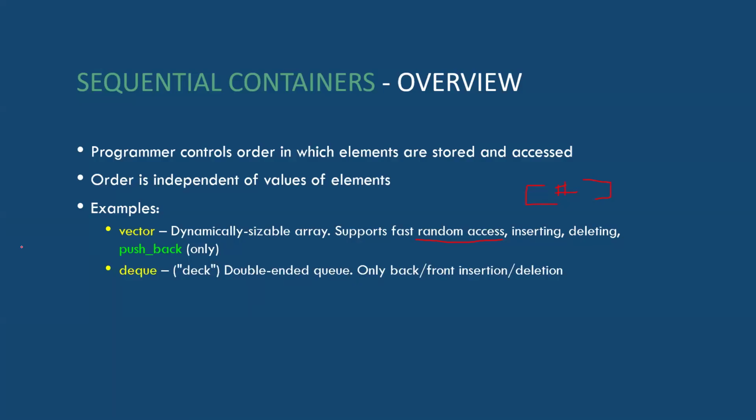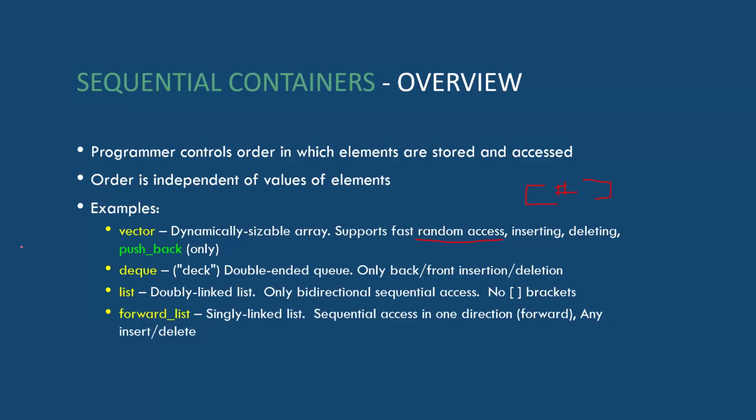Another container we're going to see is called a deck, but it's really a double-ended queue. So if you think a little bit about some of our linked list stuff, algorithms folks might think of pointers to the tail and pointers to the head. That's a deck. So we'll play with that. We'll play with a doubly linked list, which is another flavor of a linked list, and a singly linked list. So these are all containers that are in this standard set of containers, and we refer to them as sequential.